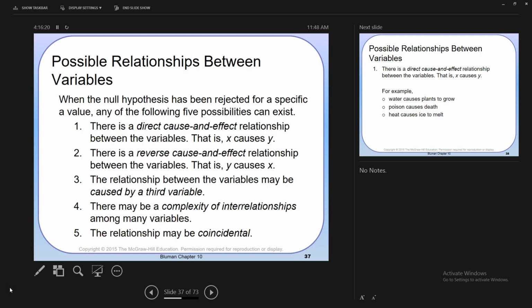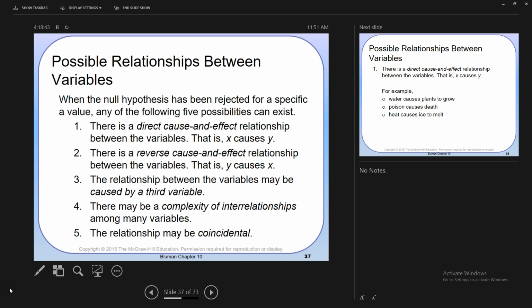So just for interest of kind of drawing this section together, here are some different possible relationships that could occur if you do find that two variables have a relationship. The first type is that there could be just a direct cause and effect relationship, that X is causing Y. There could be a reverse cause and effect too, even though you may be checking to see if X causes Y. It might actually be that the output that you've considered the output is actually causing the input.